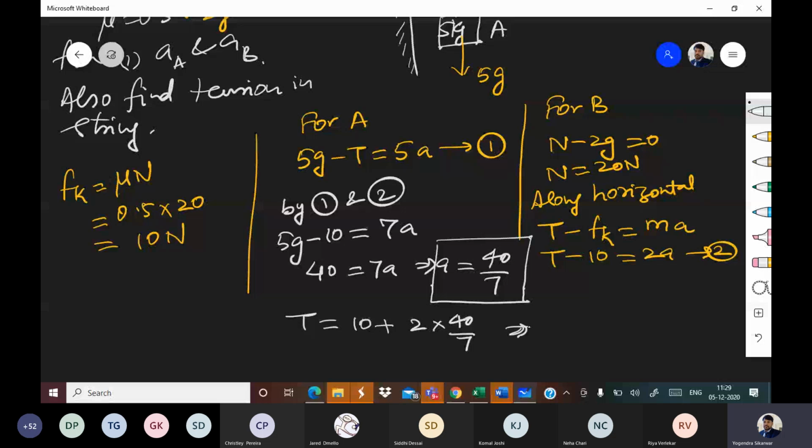That means T is equal to 150 by 7. So that is the answer.